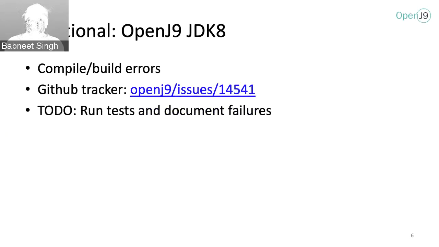Once the compilation errors are resolved, we will run test suites and open OpenJ9 issues for any failures seen. We believe that once JDK 11 is supported, transitioning to and supporting JDK 8 should be quick. And with this, we'll pass it to Nazim for the JIT and perf updates.